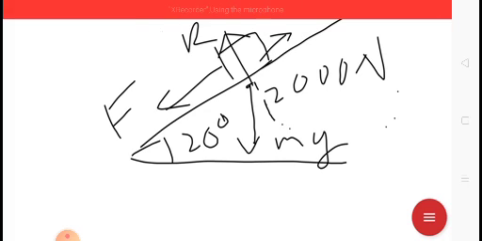Okay, so this is the diagram that you need to draw, for the force applied along the slope.